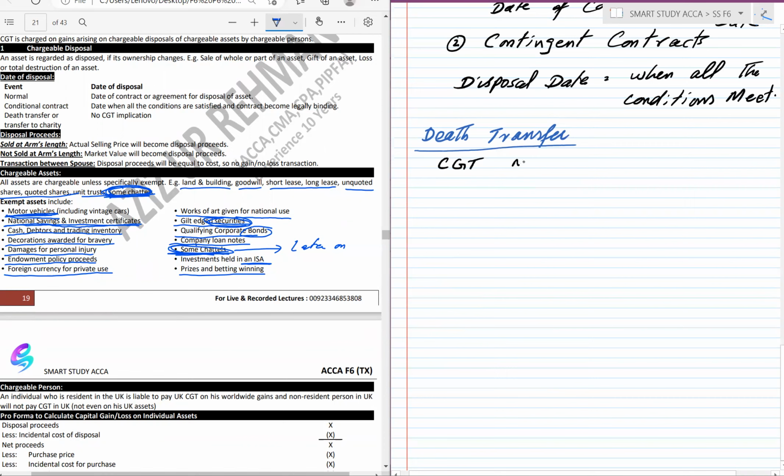Capital gain tax is not applicable. CGT will be applicable only on those assets which are transferred during the life of an individual. Any asset transferred after the death date of an individual is not chargeable to CGT.